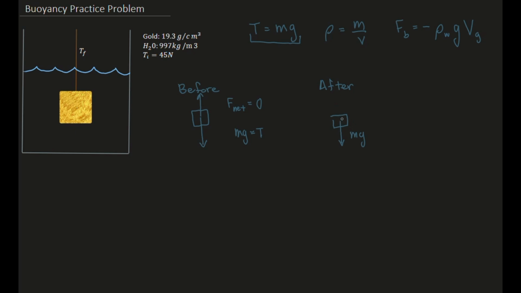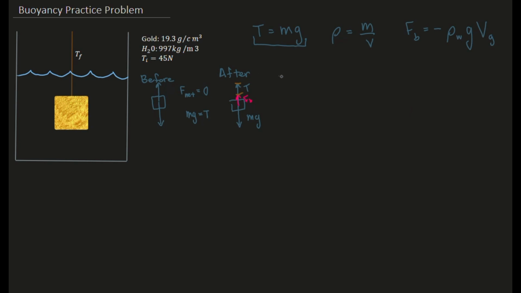So you still have the tension force of the rope pulling it up, and then you've got this third force, the buoyancy force. And this difference here, if I can find another color, is what we're looking for. This is the tension force after. That's the difference in change.